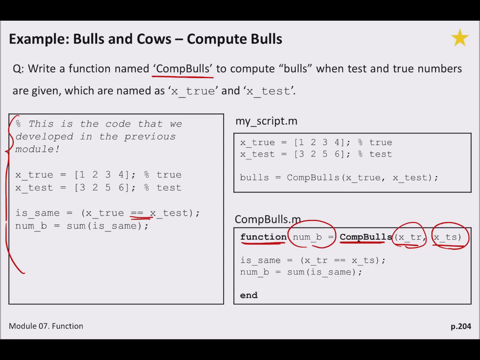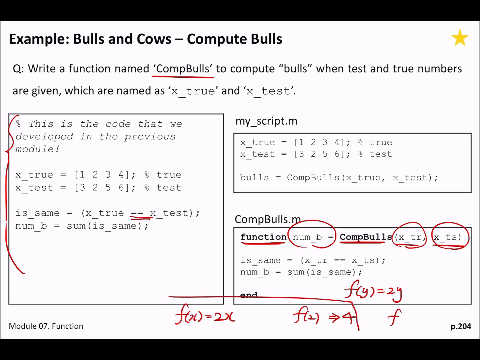Again, you can use any variable name to compute your output. Why? Think about the mathematical function. If you define your function like this, what about this one? That is a 4, right? What about this one? That is the 4, right? Same.